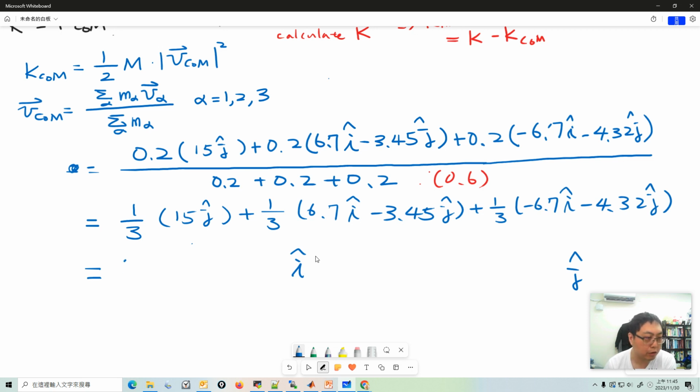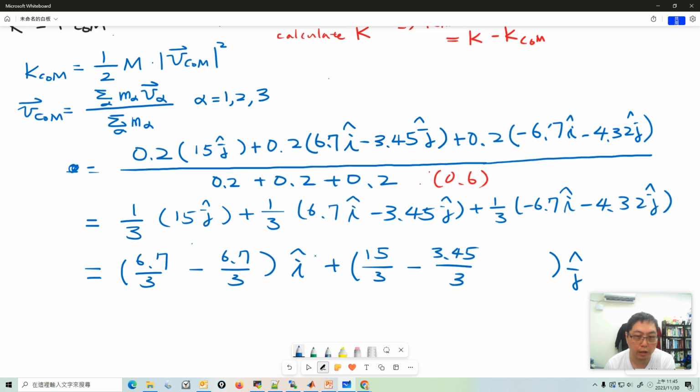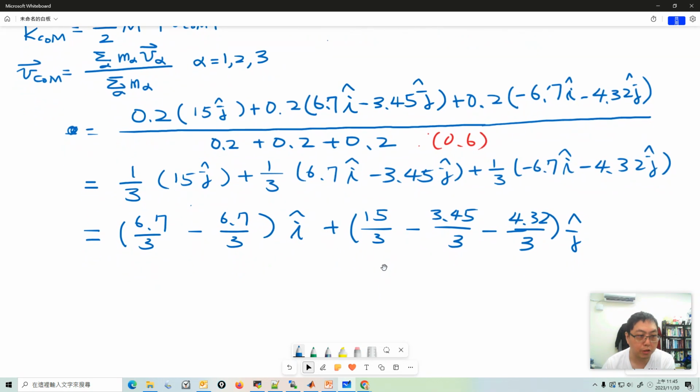The second term has 6.7 over 3, and the third term has minus 6.7 over 3. It's very lucky that it's 0. What about the J component? The first term is 15 over 3, the second term is 3.45 over 3, and the next term is 4.32 divided by 3. So what's the result?